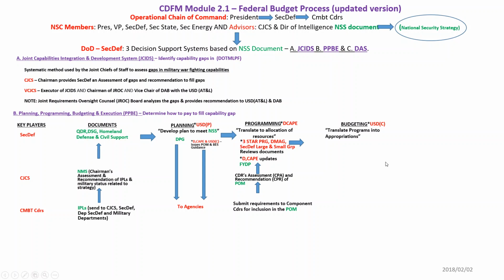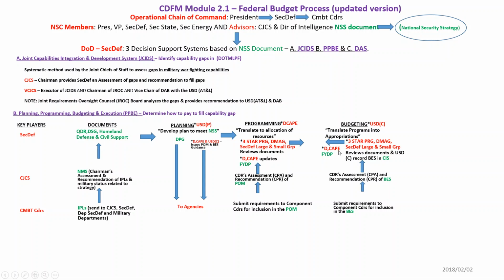So in the budgeting phase, the sequence is the same. Combatant commanders submit their budget requirements for inclusion in the BES to those component commanders. The Chairman of the Joint Chiefs of Staff does his commander's assessment and recommendation of the budget estimate submission, your BES. You still have those groups reviewing your budget.